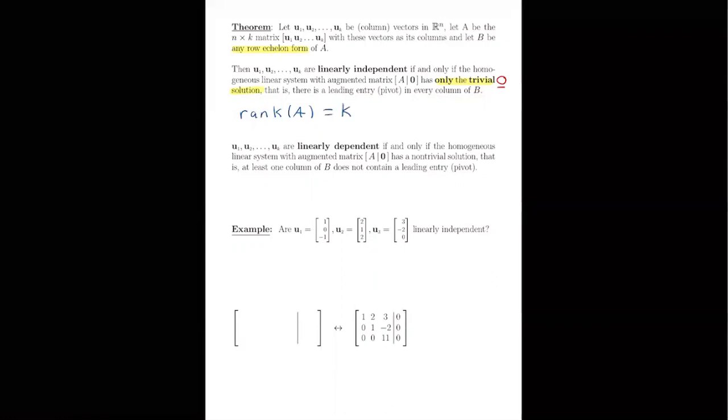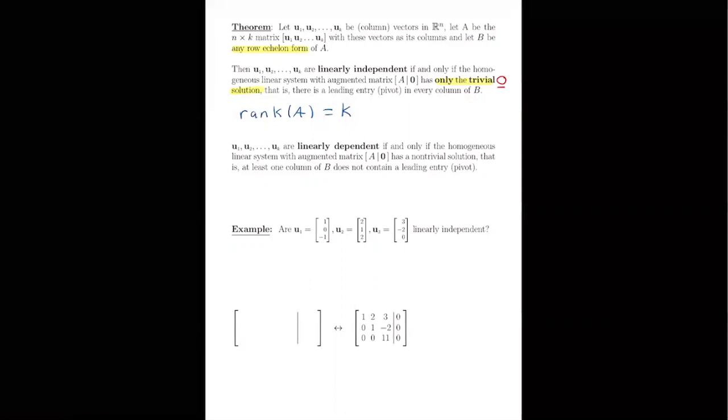Now, the rank of a matrix has to always be smaller than or equal to the minimum of n and k. So it can't be bigger than k. And so if there's a leading entry in every column, it means it would have to be exactly equal to k.